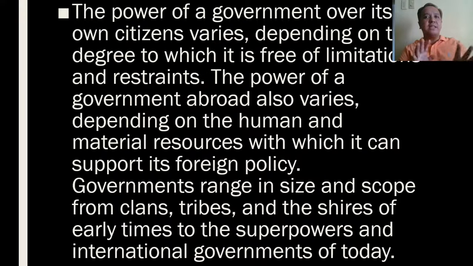So look, if you look at it, the government evolves from the time of the clans, which is maybe the early days of humans, until the tribes, until civilizations, until it gave rise to the superpowers.